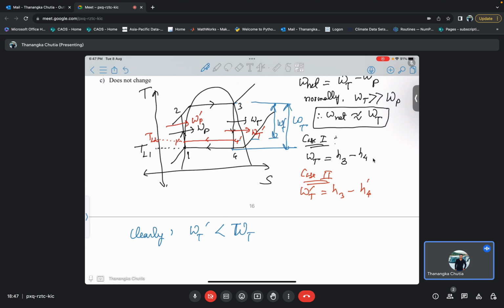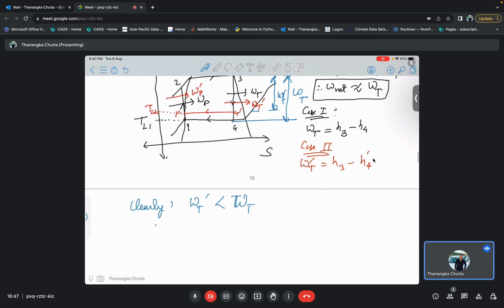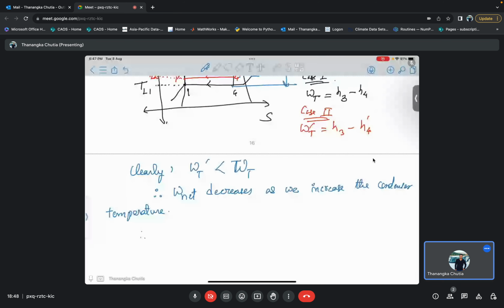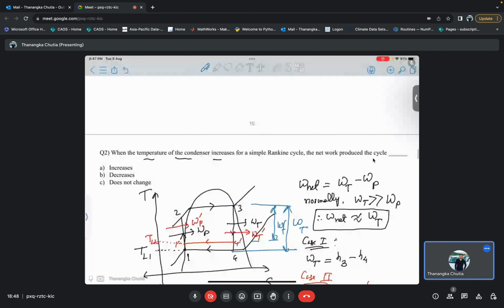So WT dash is less than WT, therefore W net decreases as we increase the condenser temperature. Therefore our answer will be decreases.